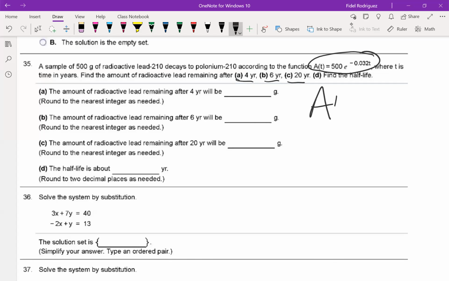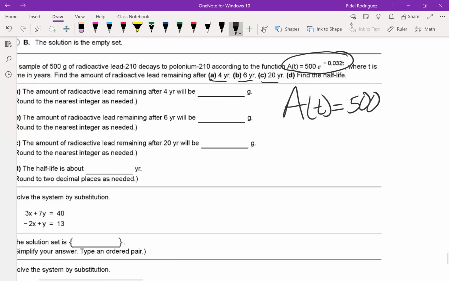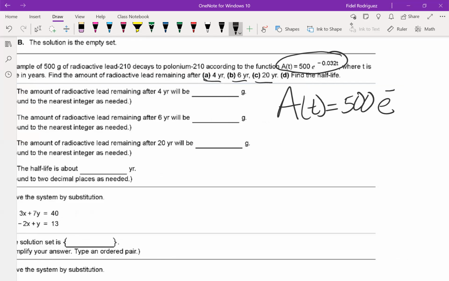Okay, so let me show you how we're gonna do the first. A of T equals 500 e to the negative 0.032 with a T. Part A is asking us to find the amount in 4 years.